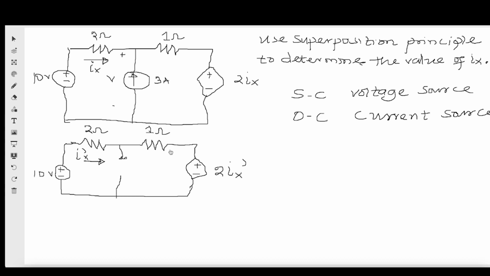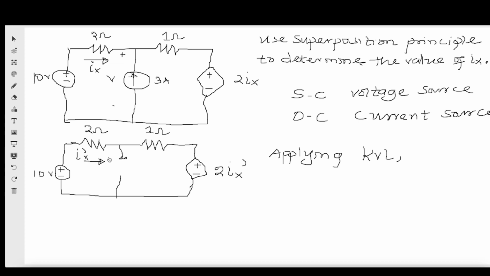Because it's a single loop circuit, I can apply KVL. If you don't understand how I got that I want to apply KVL, you can go to our first tutorial on Kirchhoff's law, where we applied KVL to get certain variables of interest. So applying KVL to the circuit, we are going clockwise.